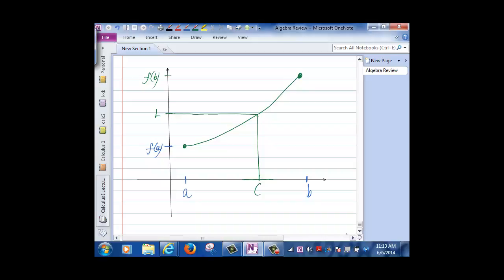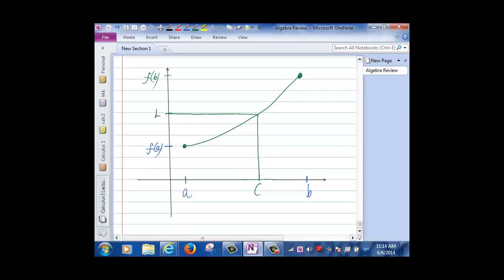Okay, so what you should figure out is what happens when you have a discontinuity, when f is not continuous from a to b. If f has a discontinuity in between a and b, then this fact doesn't work anymore, right? Can you think of an example of a discontinuous function where the conclusion is not true anymore? What's the conclusion?